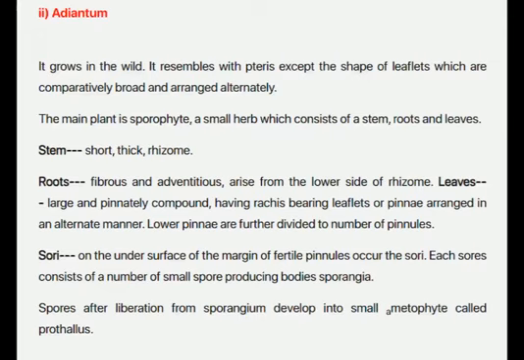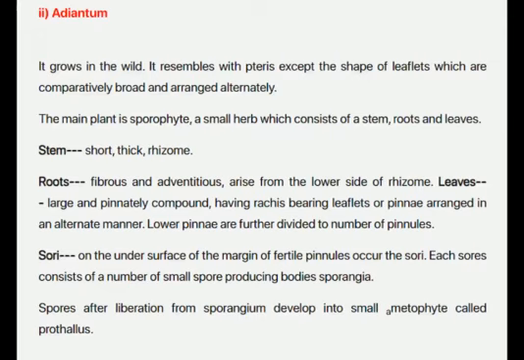The roots are fibrous and adventitious, which are present at the lower side of the rhizome. Then the stem. The stem is a short or thick rhizome. Then the leaves are large and pinnately compound. I think class, you know what a compound leaf is?